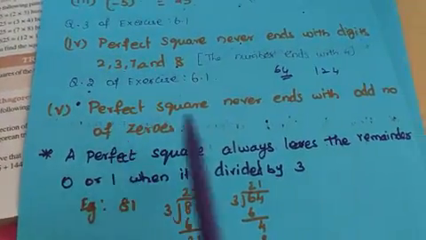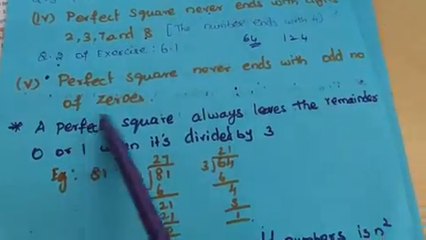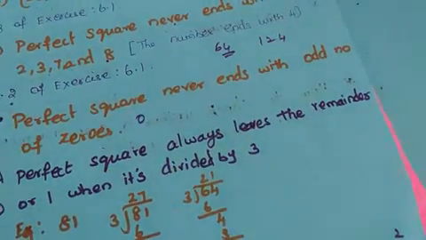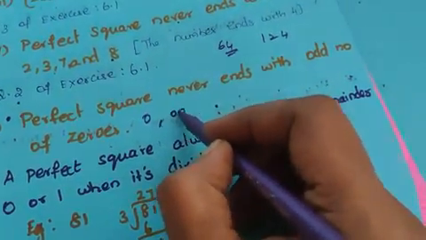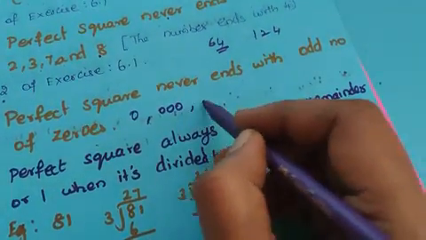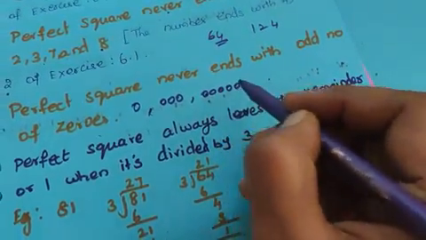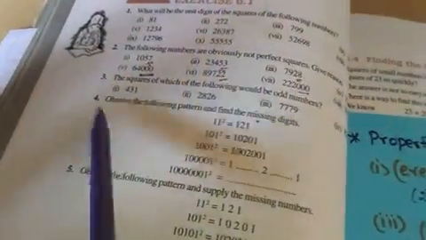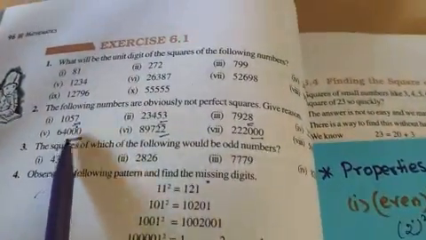As well, the fifth property is that a perfect square never ends with an odd number of zeros. Odd number of zeros means what? Suppose 1 zero at the last unit place, or 3 zeros or 5 zeros. If it ends with an odd number of zeros, then it is not a perfect square number. As per that, we solve question number 2.